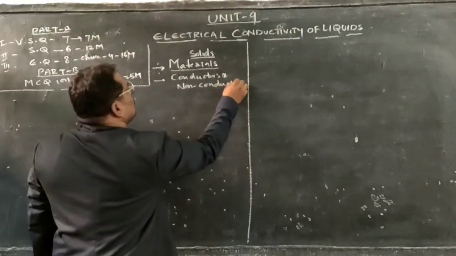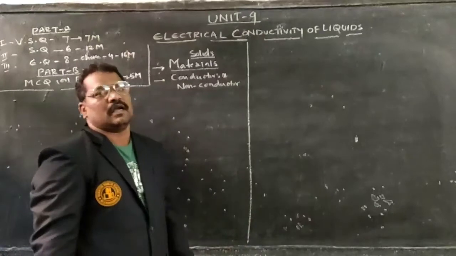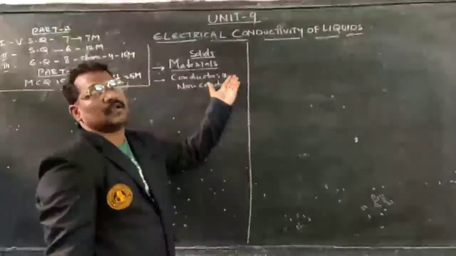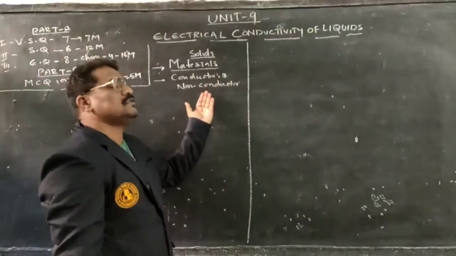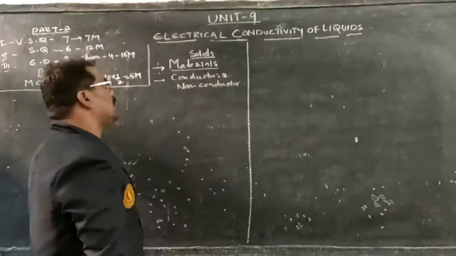What are called conductors? What are called non-conductors? Which conduct electricity, the 100% electricity, are called conductors. Which do not conduct electricity are called non-conductors.